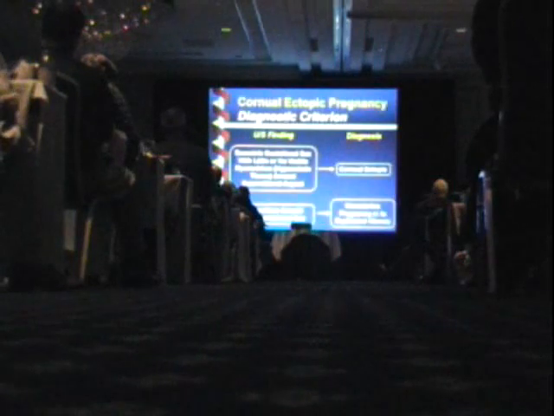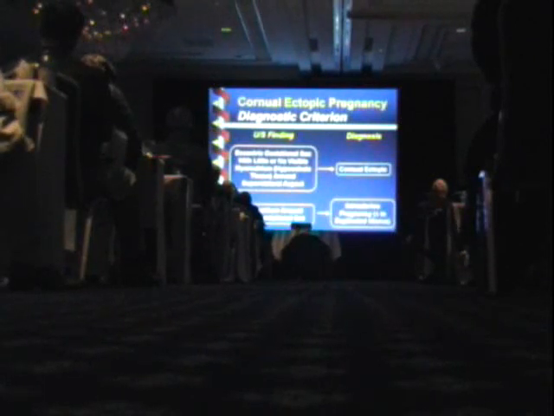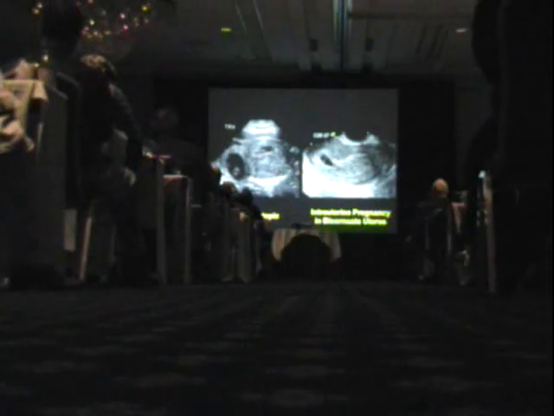You have to be careful to distinguish that from a gestational sac in one horn of a duplicated uterus. Diagnose cornual ectopic when you see little or no myometrium around the superolateral edge. As described in these rules, little or no myometrium around that aspect, it's a cornual ectopic. Myometrium around the entire gestational sac means it is in the uterus.